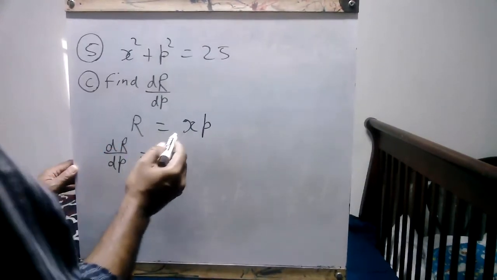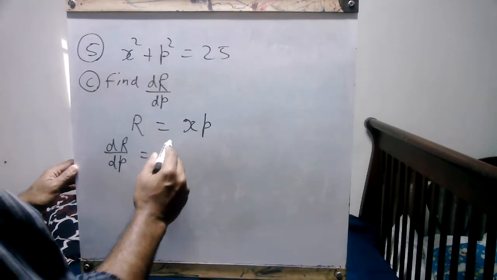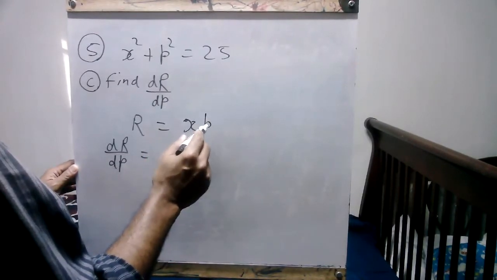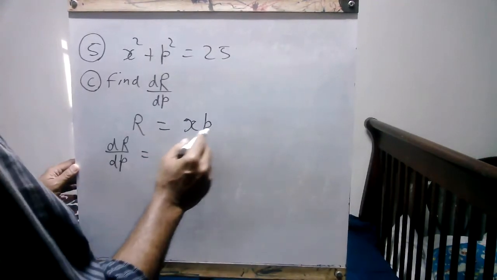Again product rule, u times derivative of v. This is u, this is v.